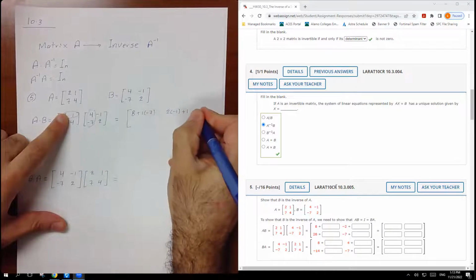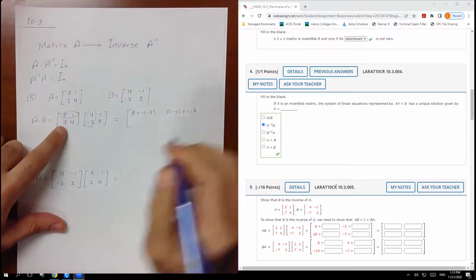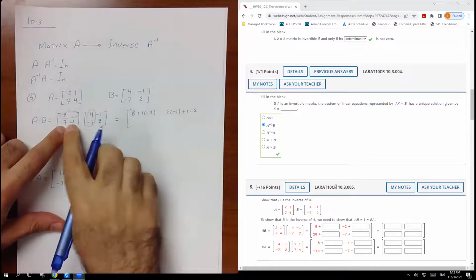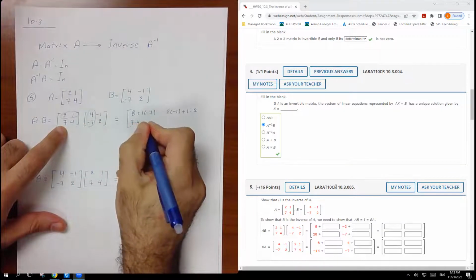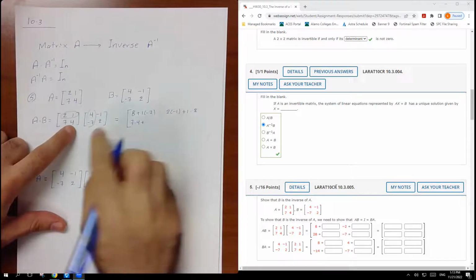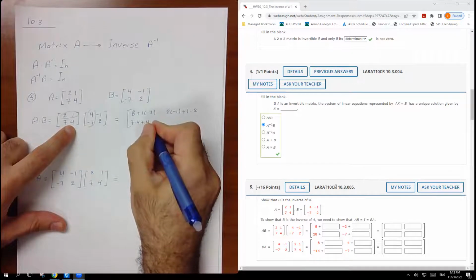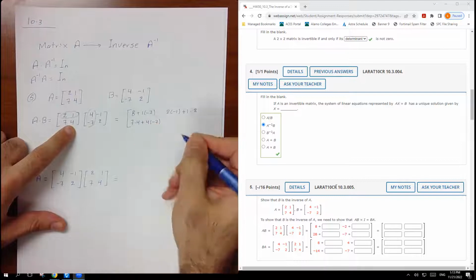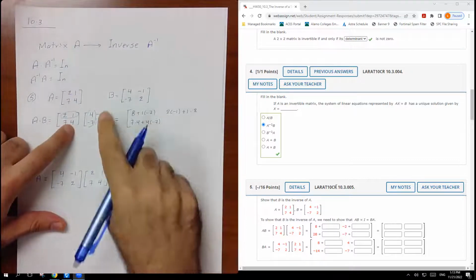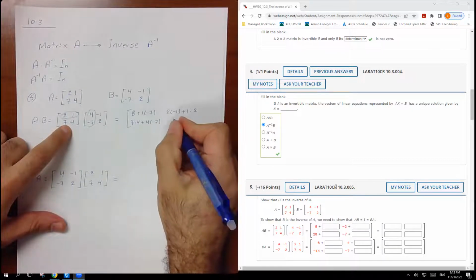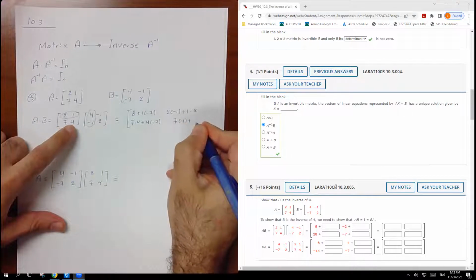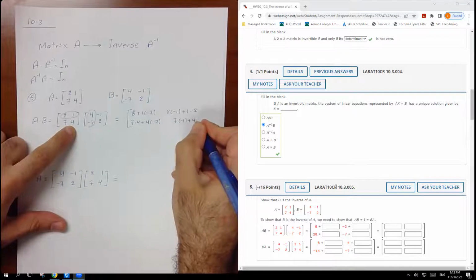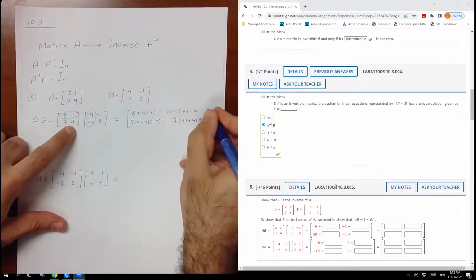The second row with the first column: 7 times 4 plus 4 times -7. And the second row with the second column: 7 times -1 plus 4 times 2.